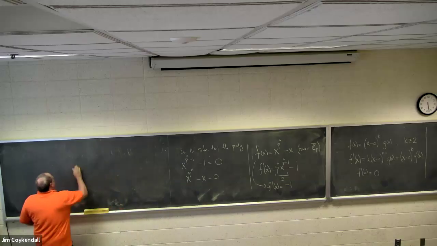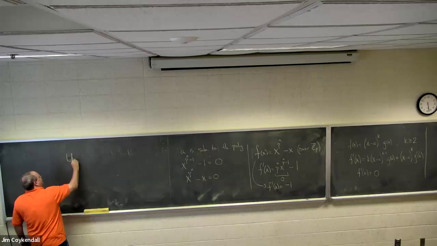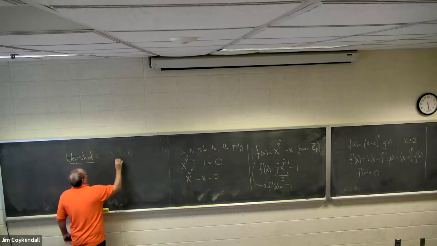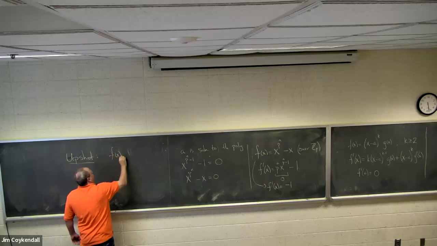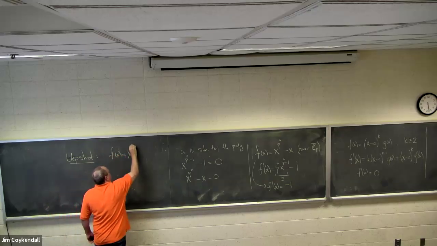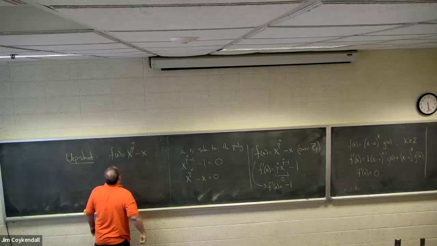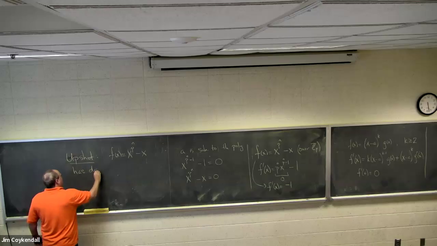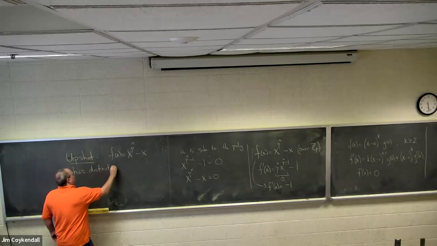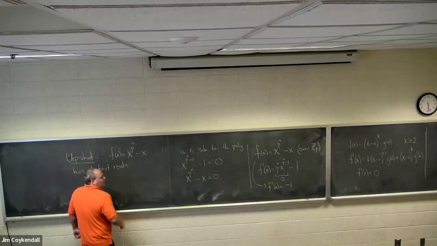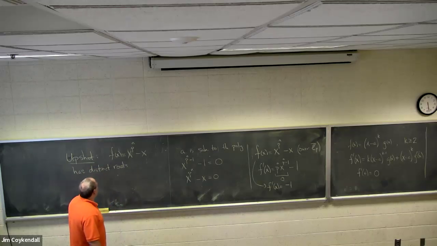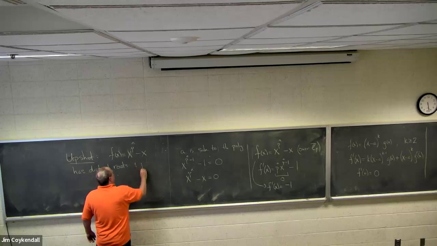So f of x equals x to the p to the n minus x has distinct roots, and p to the n of them.